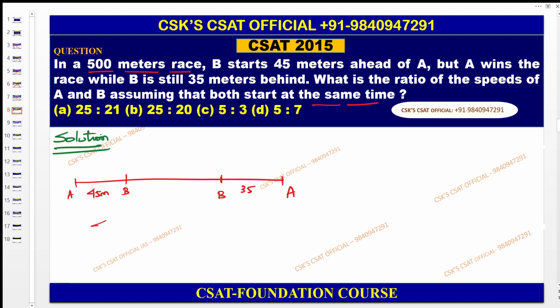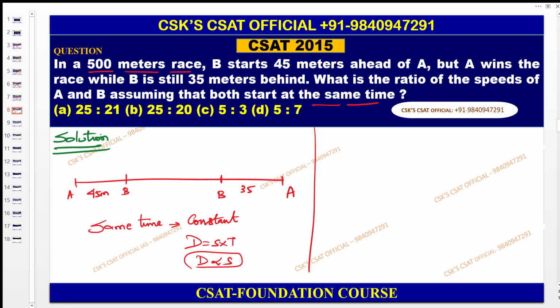Now try to understand. Time is constant. You know distance is equal to speed into time. When time is constant, distance is directly proportional to speed. This logic is fine. The distance covered by A here is 500.